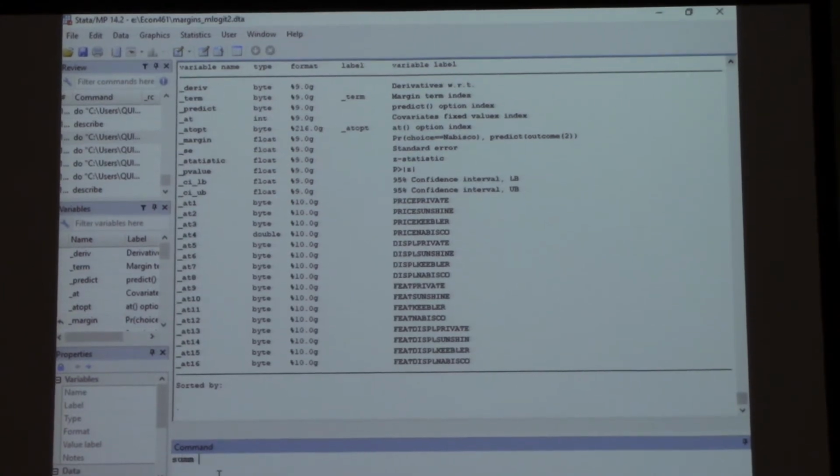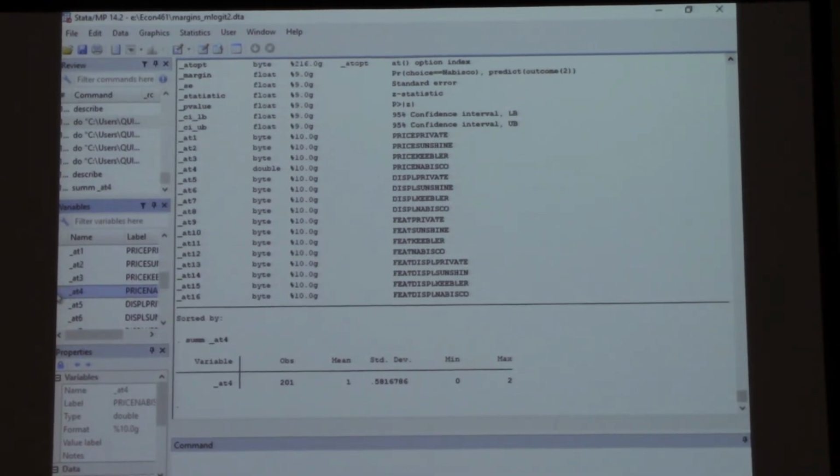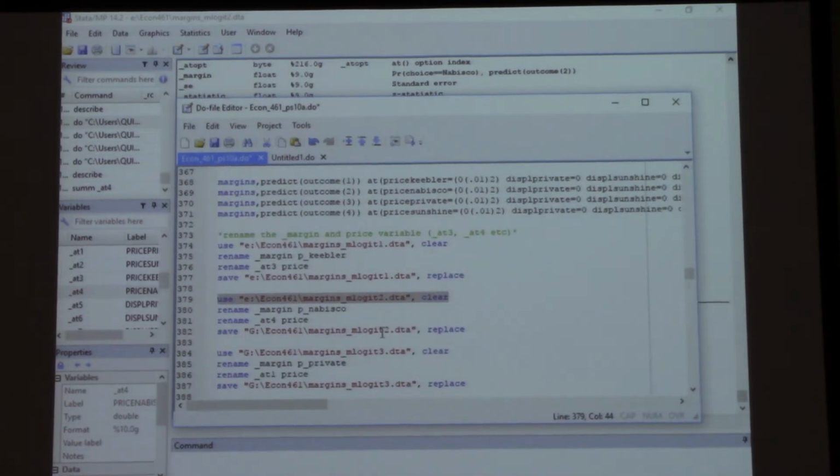They're all over the same price because I specified that in my margins command. Yeah, 0 to $2. So all my prices are over the same range, which is nice.